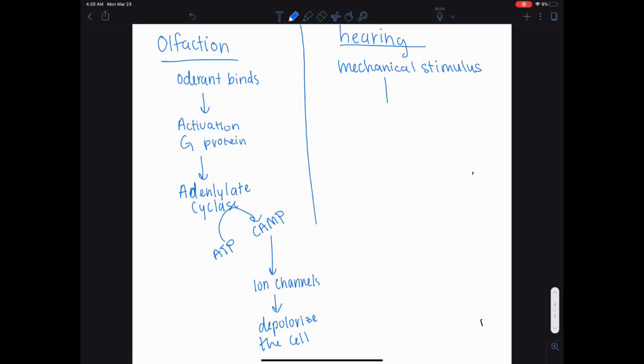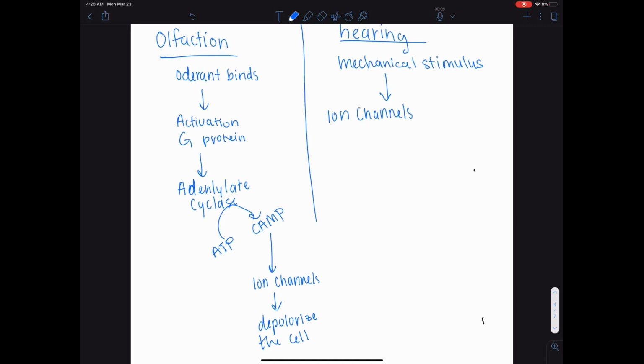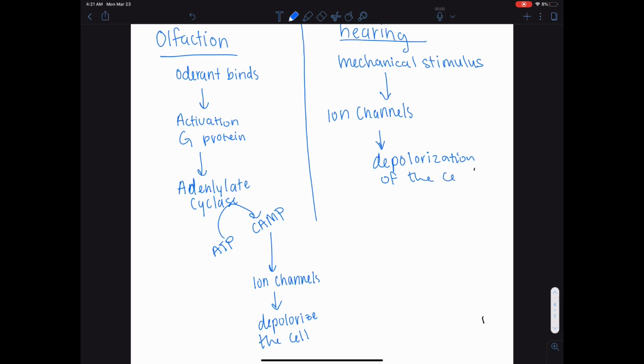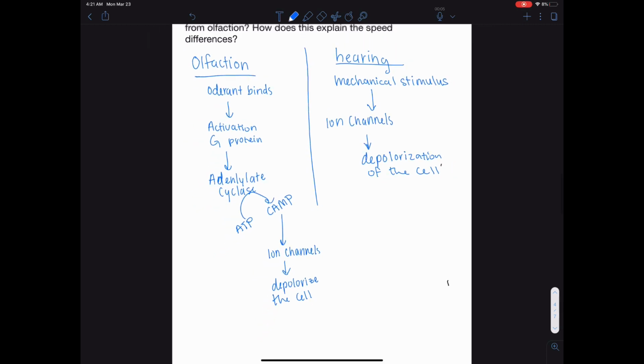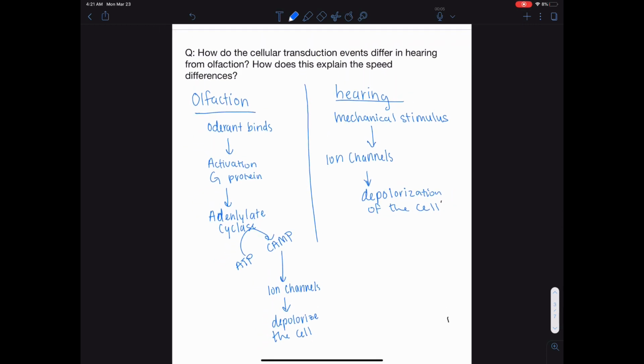This mechanical stimulus directly opens the ion channels, which then leads to depolarization of the cell. So these are the differences.